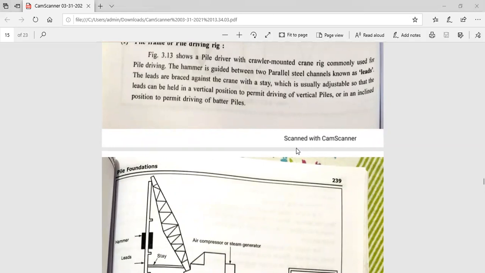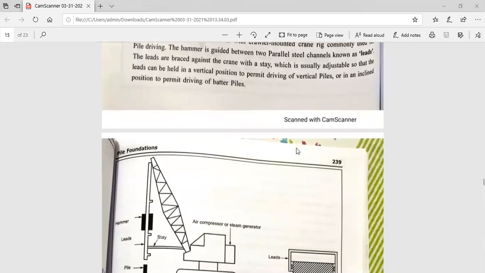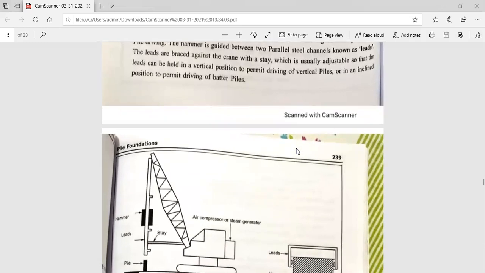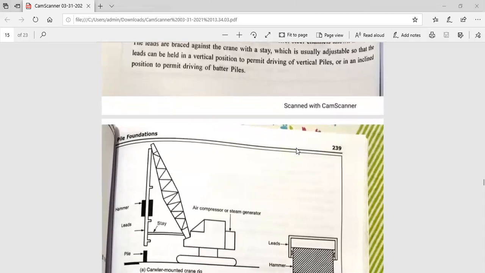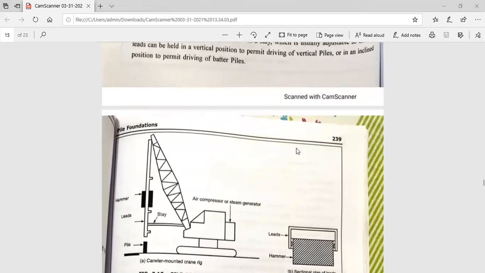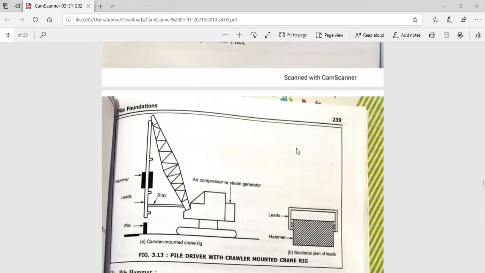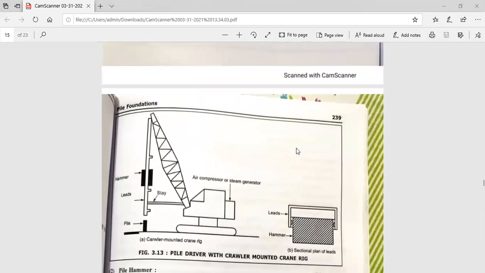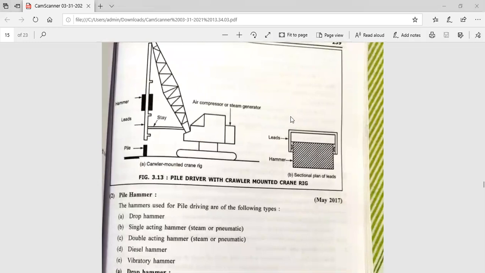The hammer is guided between two parallel steel channels known as leads. These leads are braced against the crane with a stay, which is usually adjustable so that the lead can be held in a vertical position to permit driving of vertical piles, or in an inclined position to permit the driving of batter piles, right? As you can see in this figure.